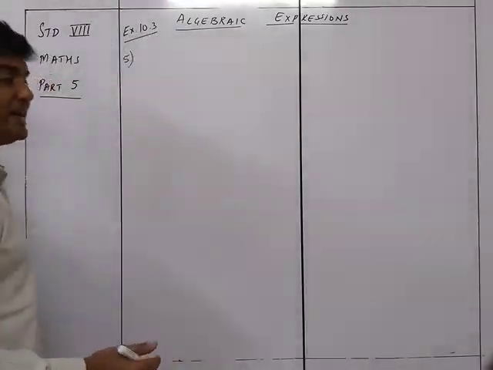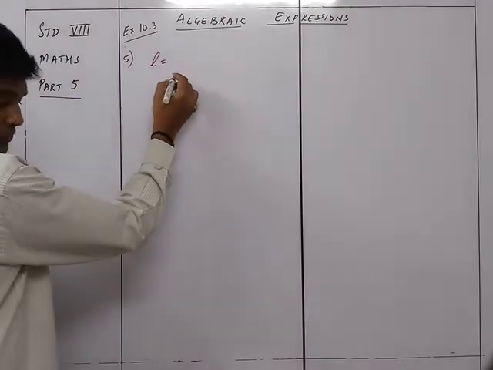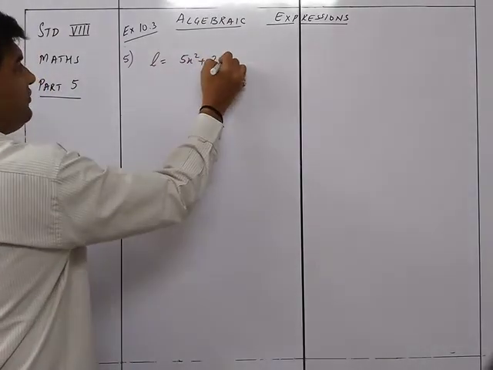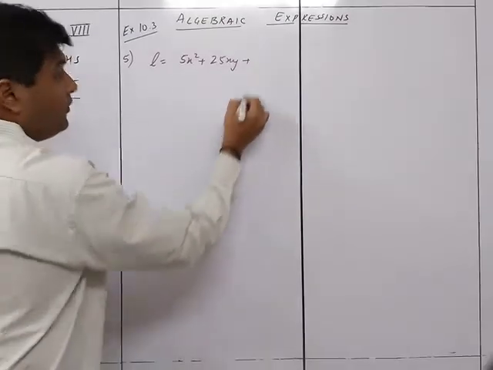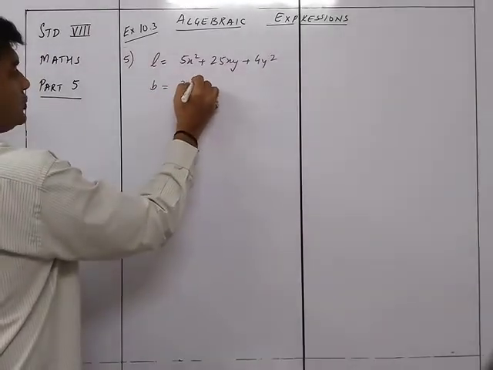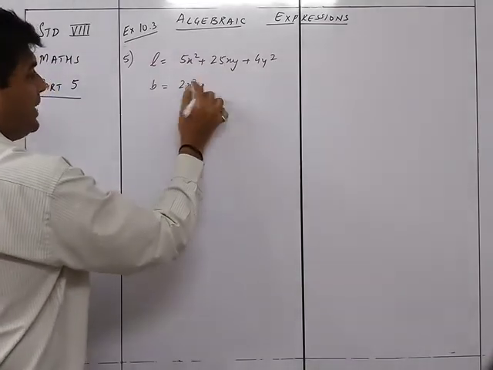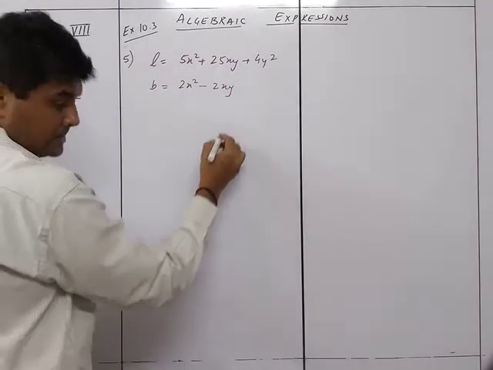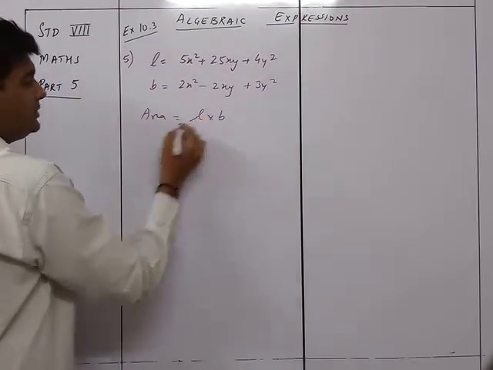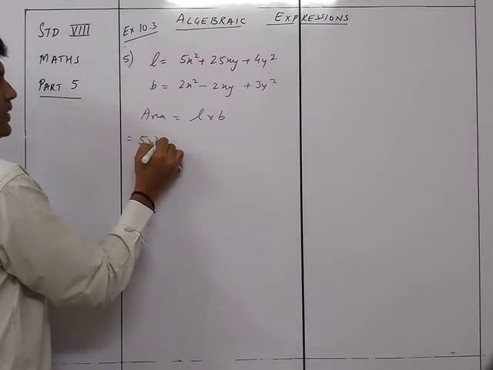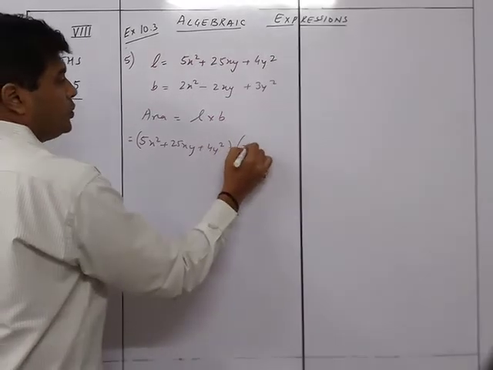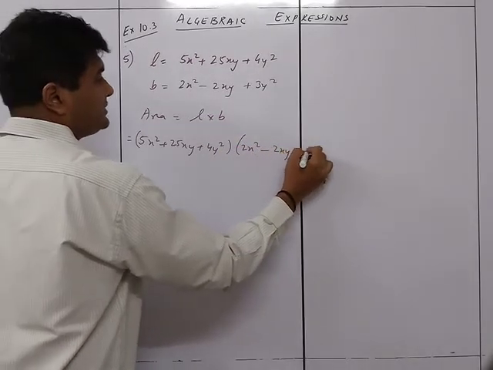So we know that adjacent sides of the rectangle, our length is equal to 5x square plus 25xy plus 4y square, and breadth is equal to 2x square minus 2xy plus 3y square. So we know that area is equal to length into breadth. So that is equal to 5x square plus 25xy plus 4y square into 2x square minus 2xy plus 3y square.